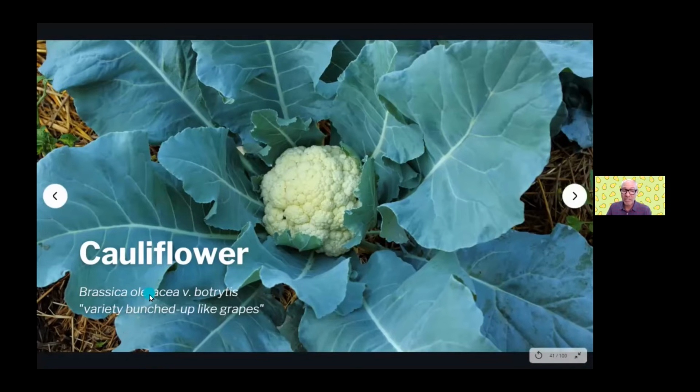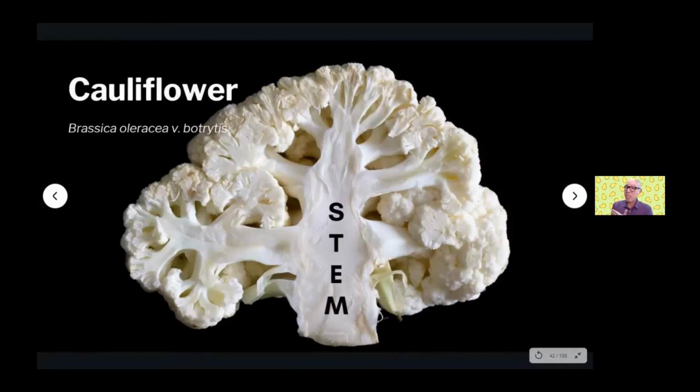Brassica oleracea, and the variety is botrytis, which means clustered like grapes. And when you see what the stem is trying to be, the stem is trying to elongate, but through mutations that have been taken advantage of, we have this horrible clustered, swollen thing that lots of people find really yummy.